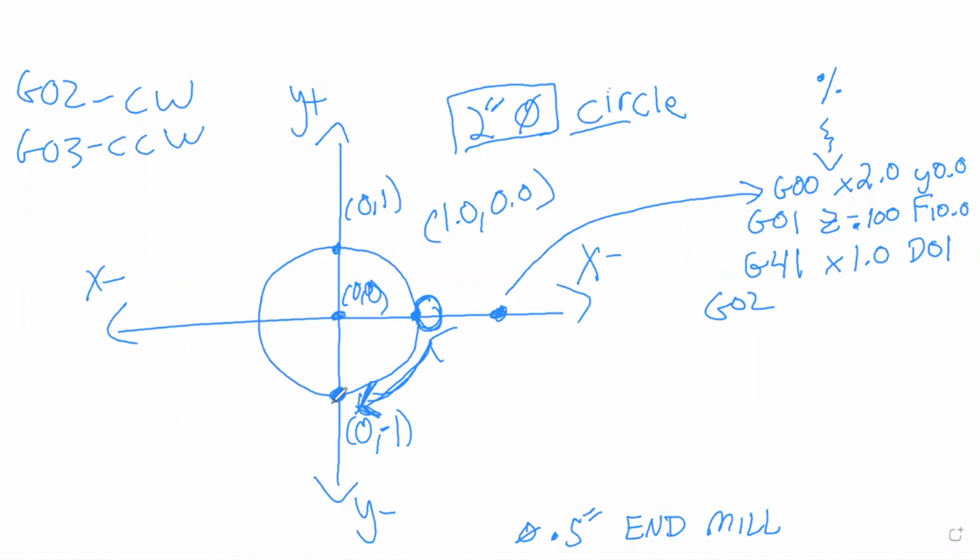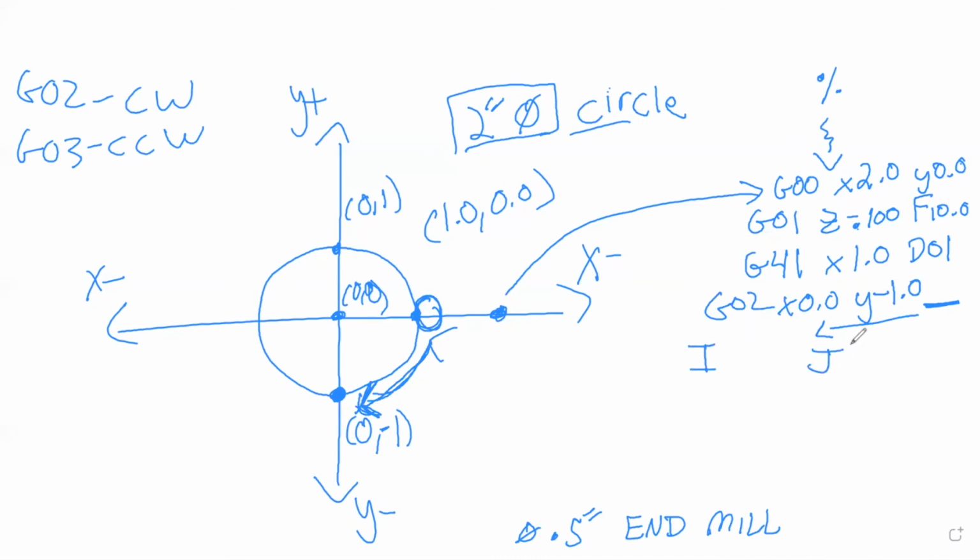And we're moving to the endpoint location X0.0, Y negative 1.0. Well, we have to include an I and a J value too. So these letters would go right here. I ran out of space, so I'm going to put them right there. So this is an I and a J.